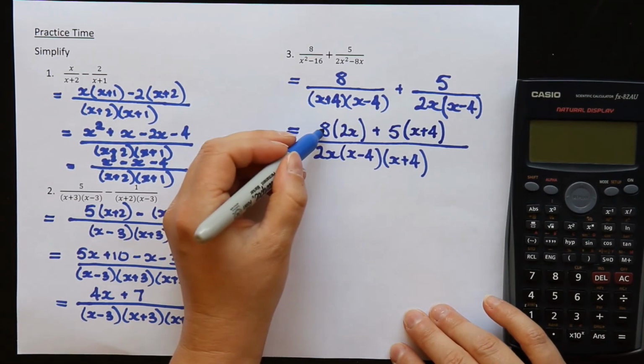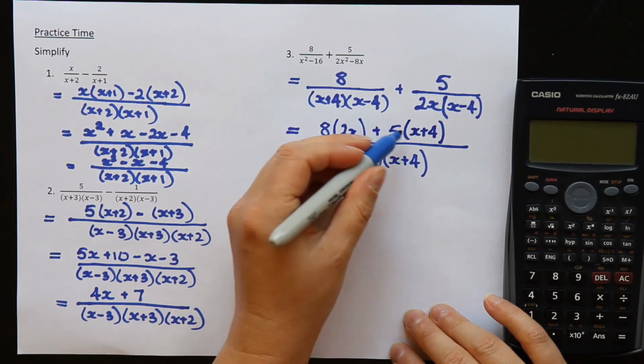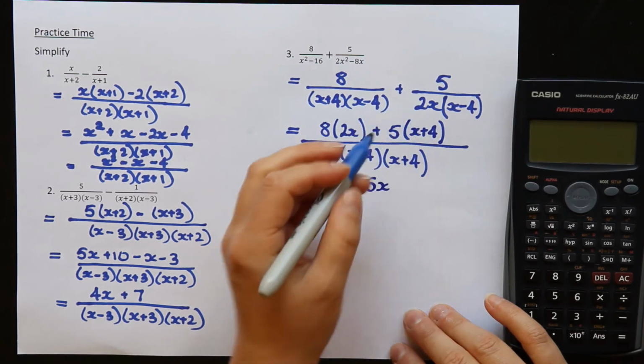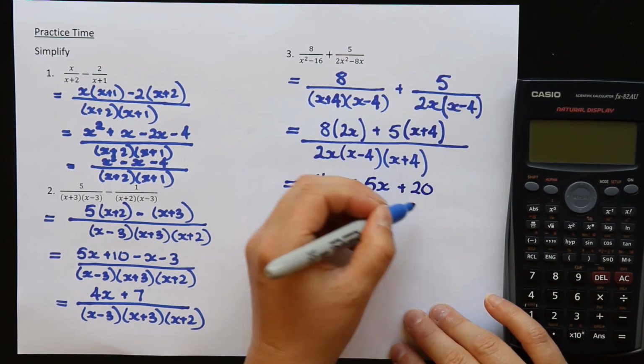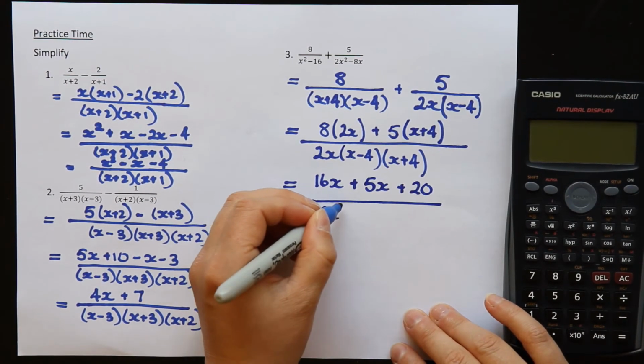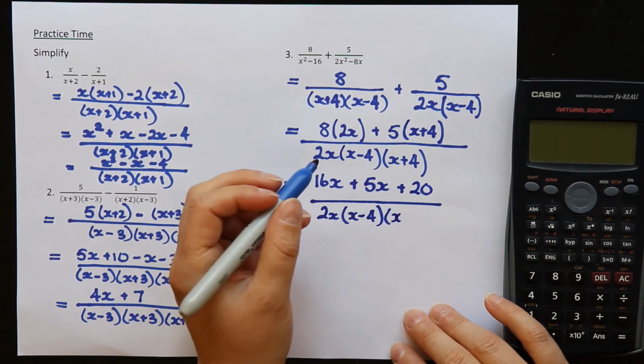Expanding the top, 8 times 2 is 16x. Expanding the second bracket, 5 times x is 5x. And 5 times 4 is 20. And on the bottom, nothing changes. Just write it all down again.